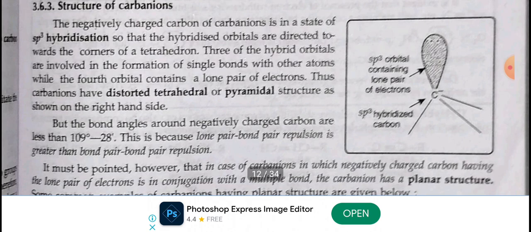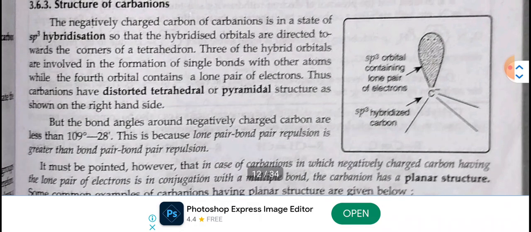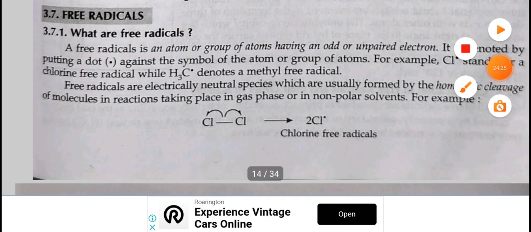Thus, a carbanion has a distorted tetrahedral or pyramidal structure, as shown on the right hand side. The bond angles around the negatively charged carbon are less than 109 degrees 28 minutes. This is because lone pair-bond pair repulsion is greater than bond pair-bond pair repulsion.